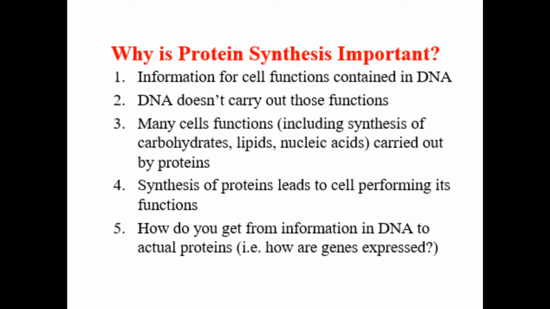But at the ribosomes, proteins are being synthesized. In order to make those proteins, you need to know what the instructions are. How are you going to make these proteins? Well, you're going to make those proteins based on information in DNA. DNA is not going to go out to the ribosomes. It's not going to leave the nucleus. What's going to do that is RNA.